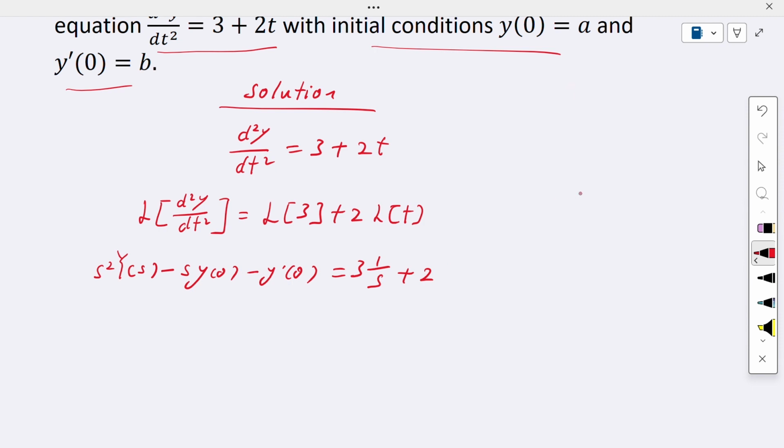Let me make a remark for this Laplace transform. The Laplace transform of t to the n is equal to n factorial over s to the n plus 1. So in this case, the Laplace transform of t is equal to 1 over s squared.